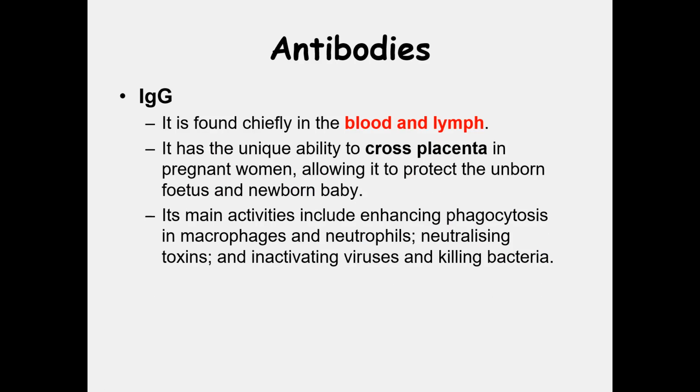Now, phagocytosis is when the phagocytes, the white blood cells, actually surround something foreign like bacteria, engulf it and get rid of it. So phagocytosis in macrophages and neutrophils. These are non-specific, but they also neutralize toxins, inactivate viruses and kill bacteria. They're non-specific, and they just go for it.